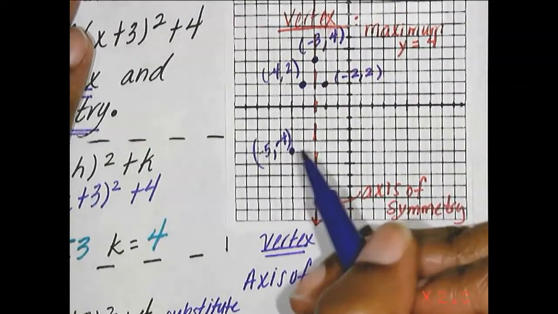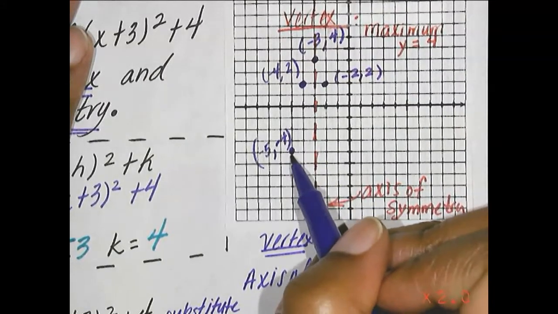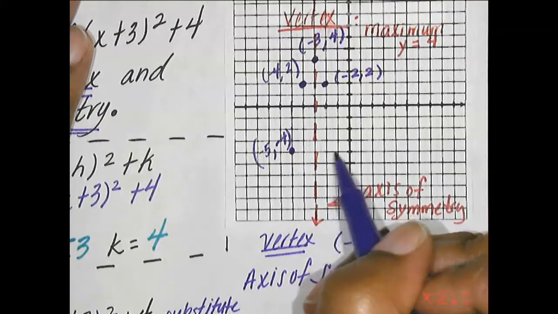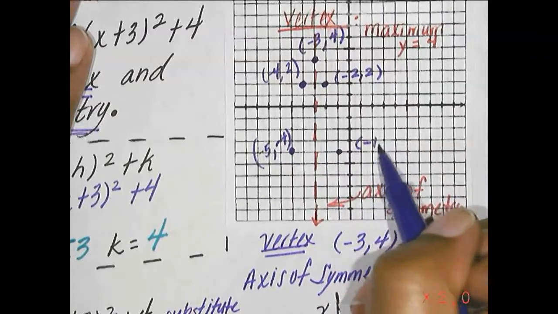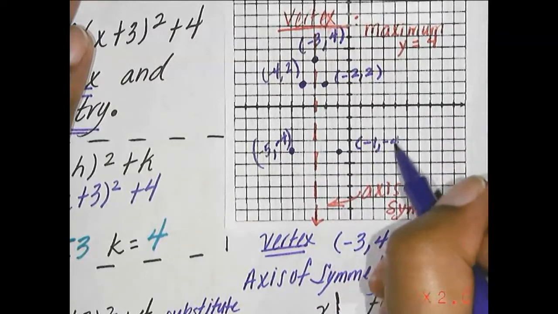Here we have a point at -5, -4. That's 2 away from the axis of symmetry. So if I go 2 away here, we're going to have a point at -1, -4.